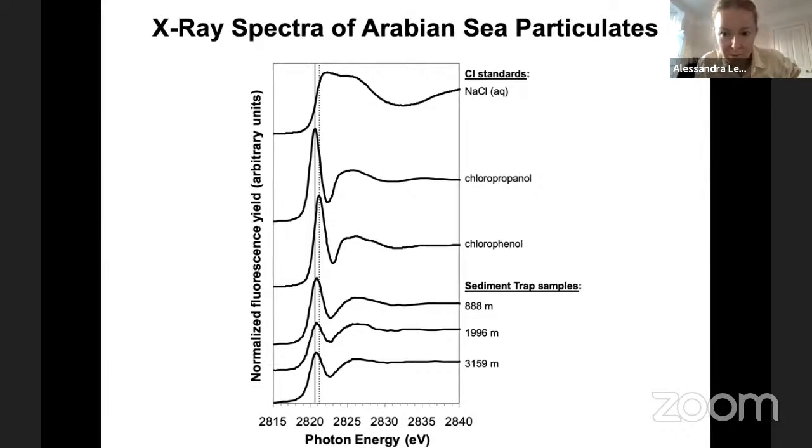We looked at about 25 of those samples. What's more, the white line occurs intermediate in energy between the aromatic and the aliphatic white lines for the different standards, suggesting that there's a mixture of aliphatic and aromatic organochlorines within those sediment trap samples.